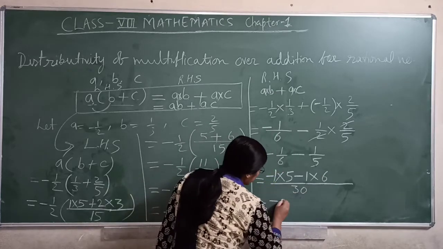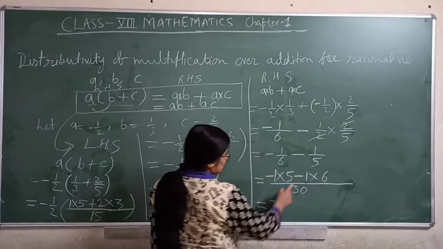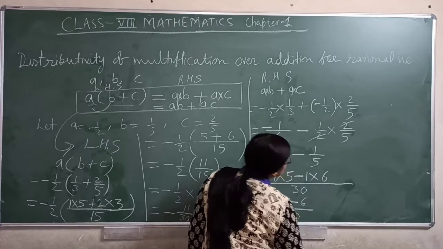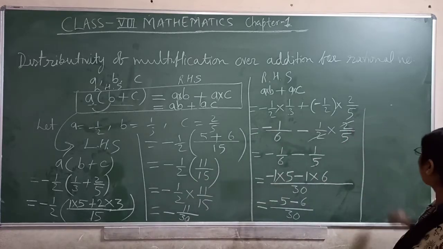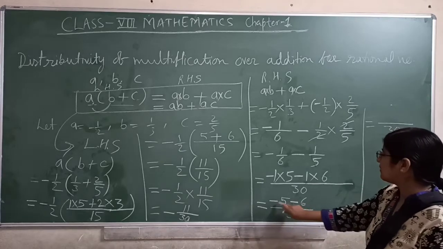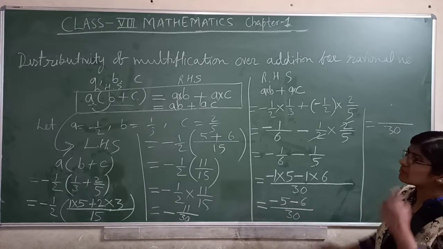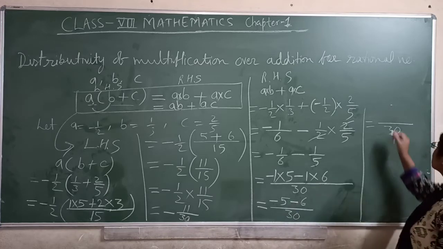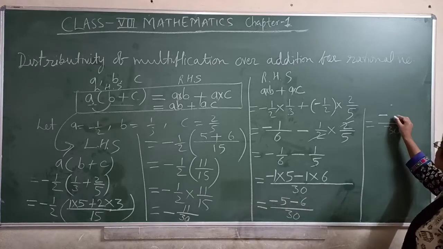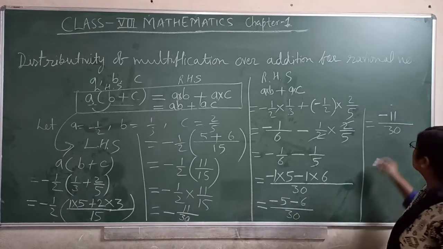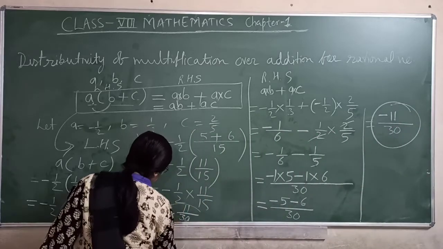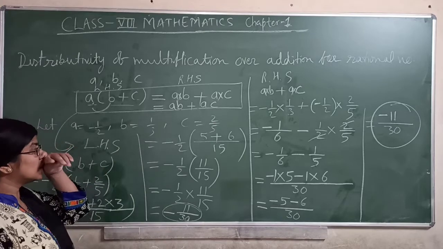Minus into plus, minus 5 ones are 5. Minus into plus, minus 6 ones are 6 upon 30. Now LCM 30. Same sign, minus 5, minus 6. Same signs are added. The sign will remain minus but the numbers will be added. So 6 and 5, 11. You are looking at minus 11 upon 30, and here also minus 11 upon 30.